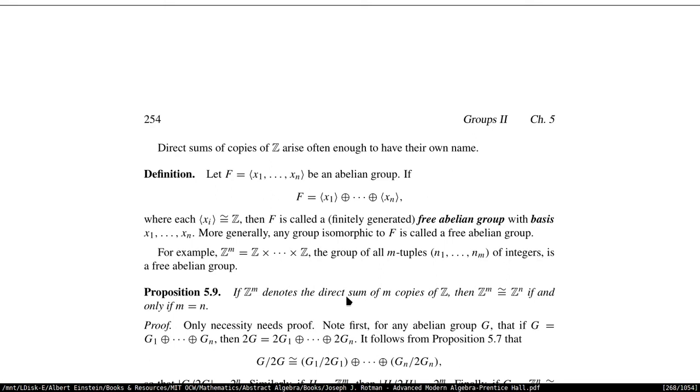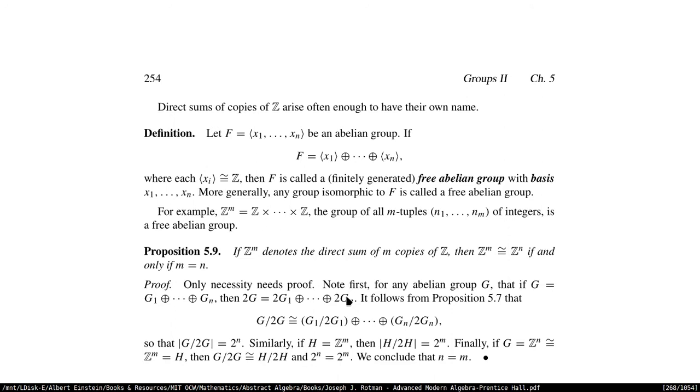So it's generated by a finite number of generators, and it's a free abelian group, and you define a basis for it. This is analogous to the basis in a vector space, but not exactly the same. So the basis is x1 through xn, right? And if it helps you, you can think of these x1 till xn as quote-unquote numbers, integers from which you generate the groups of the vector space or whatever.